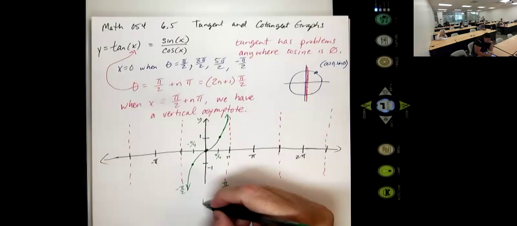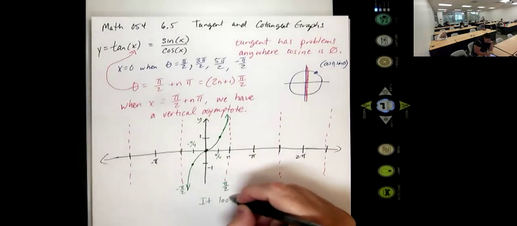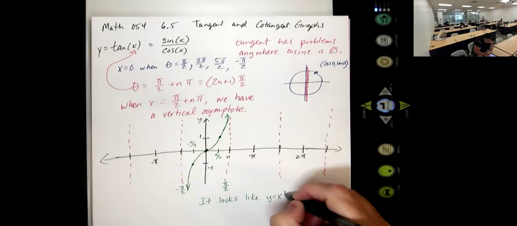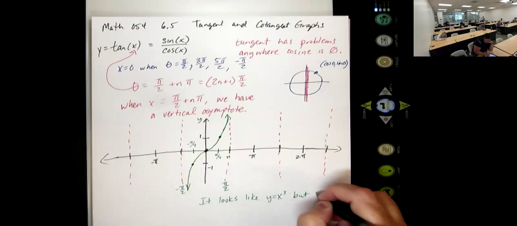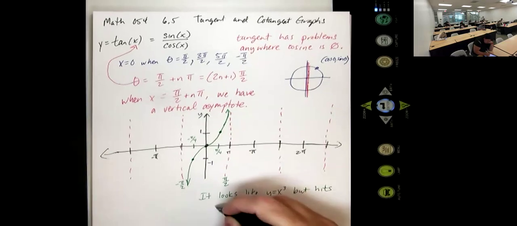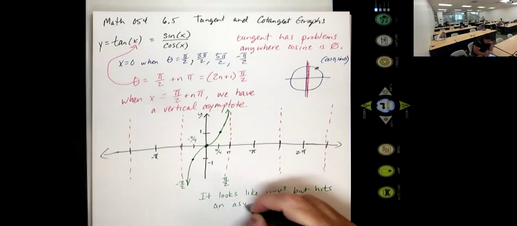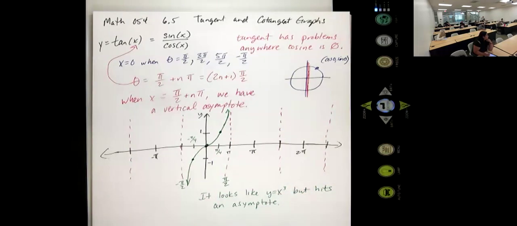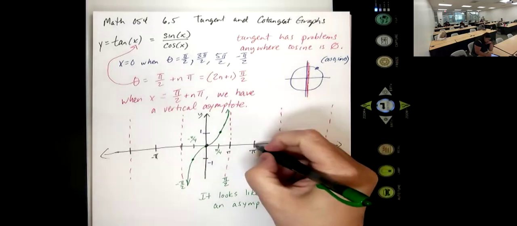So it looks like x cubed, but it's an asymptote. And that behavior repeats.